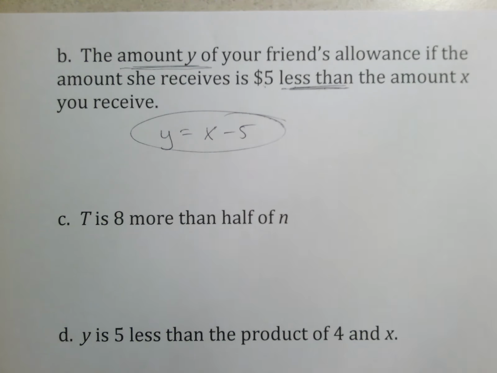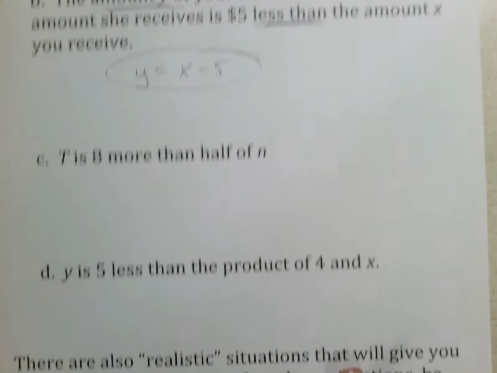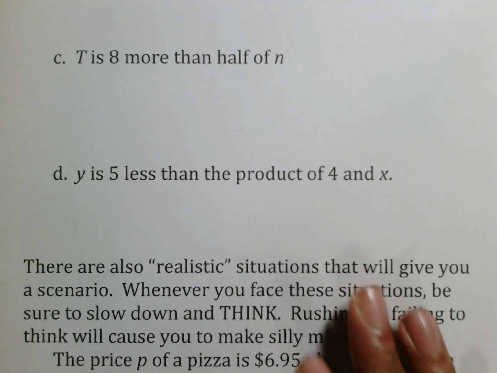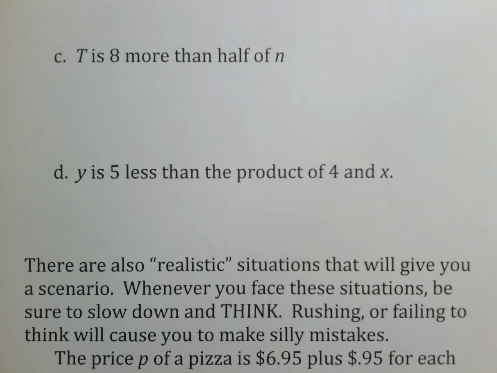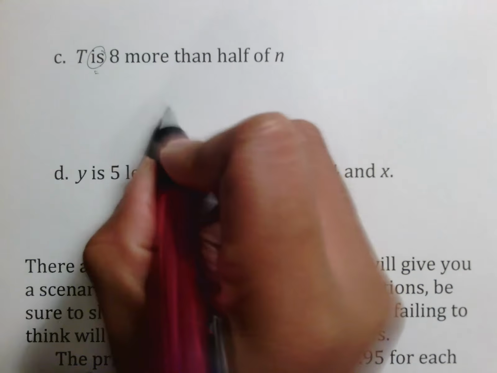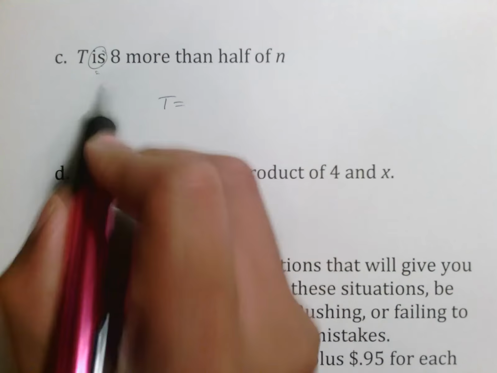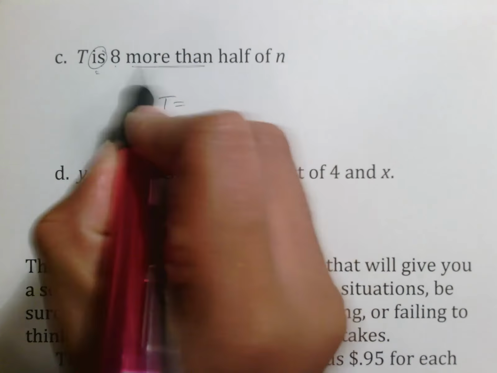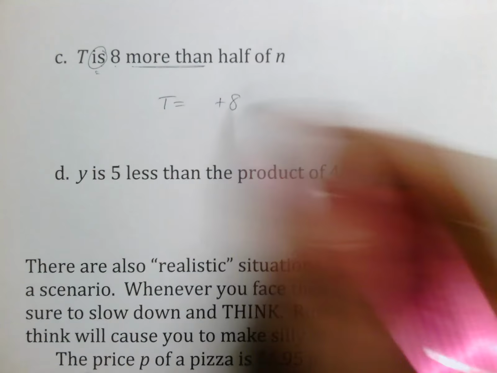So again, very basic, very simple. It's just one of those things where if you do not carefully put what you're supposed to put, then you're going to get it wrong. T is 8 more than half of N. There's no words here, but I see the word is, which usually means equals, so it should be T equals. And it says 8 more than. More than usually means add 8.